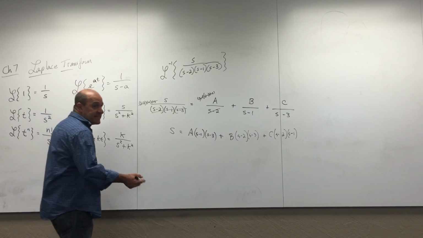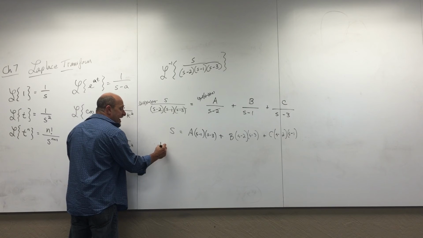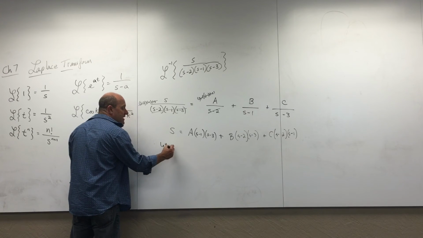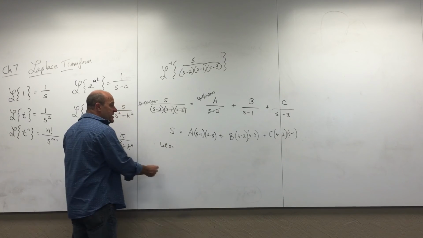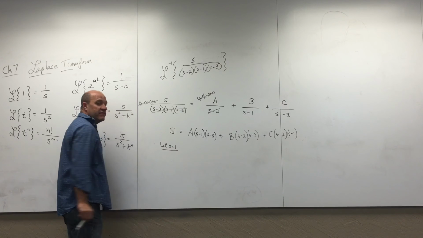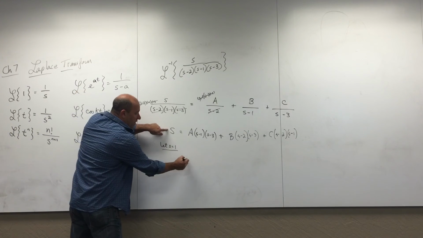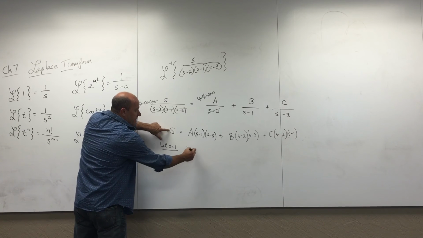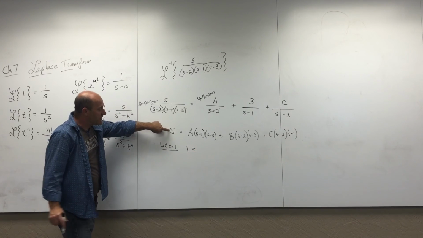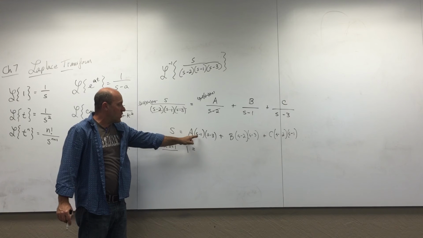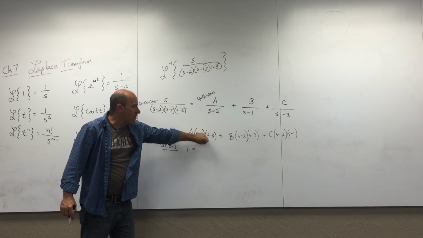The classic game you play is this. You let s be something very convenient, like, let s be a 1. If you let s be 1, you get a 1 on this side. But what's cool, watch what happens. When s is 1, what happens to this whole term, A and C? It's zeroed out.